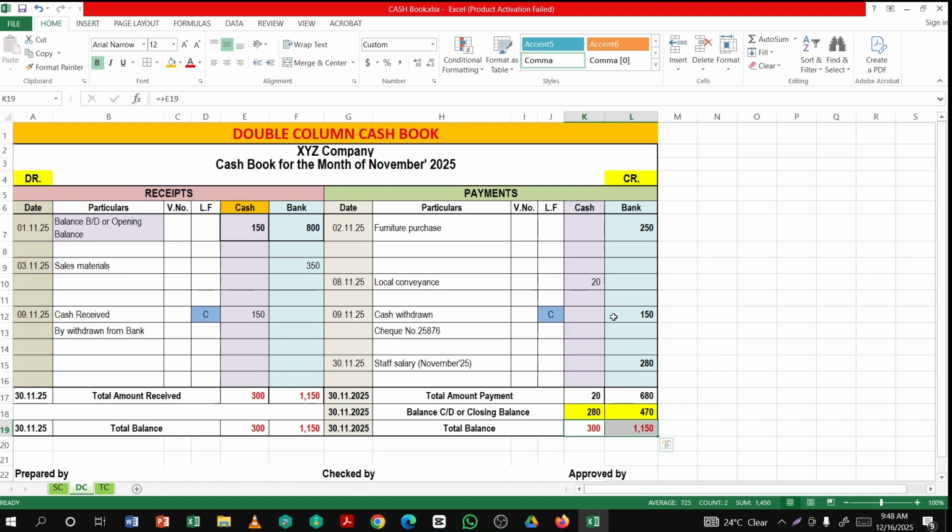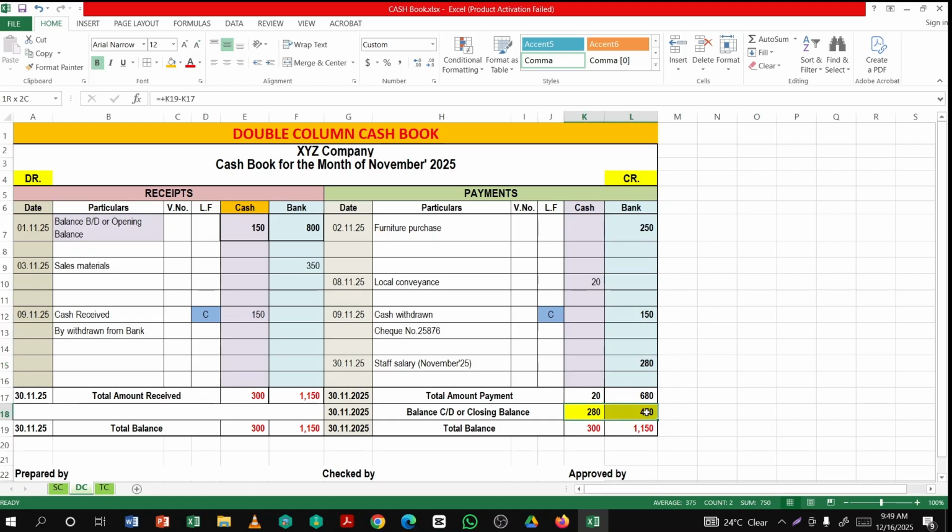Total cash payment 20 amount and bank payment 680. Now closing balance: 300 minus 20, that is 280 amount, and bank closing balance 1150 minus 680, that is 470.